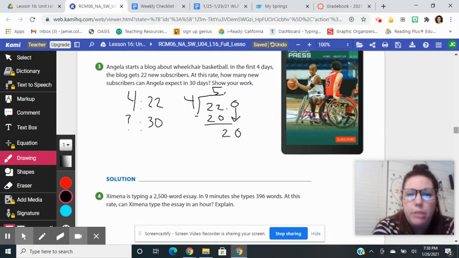Don't forget to bring your decimal up. And then 4 goes into 25 more times. So then that means that the rate is she's getting 5.5 subscribers per day. Okay, so that's what this 5.5 means. So her rate, I'm going to put R right here. Her rate is 5.5 per day.